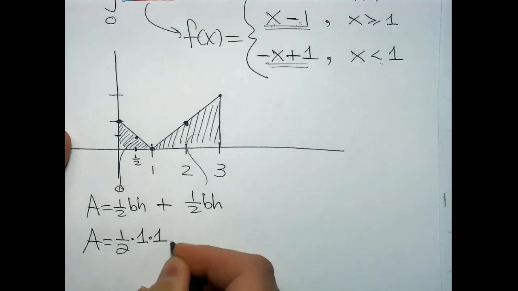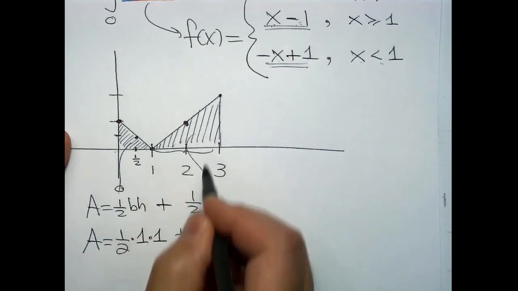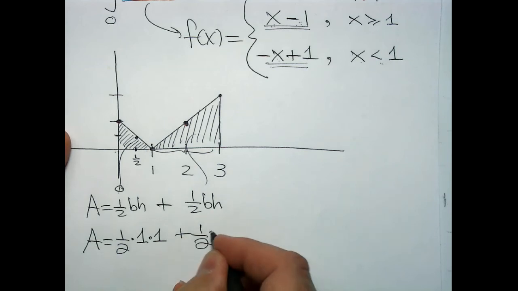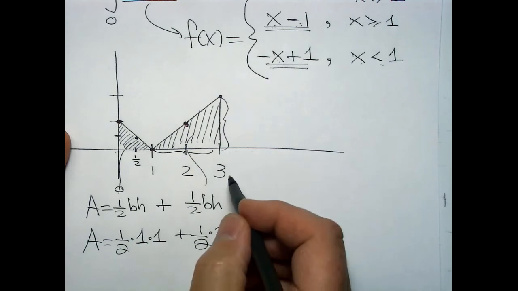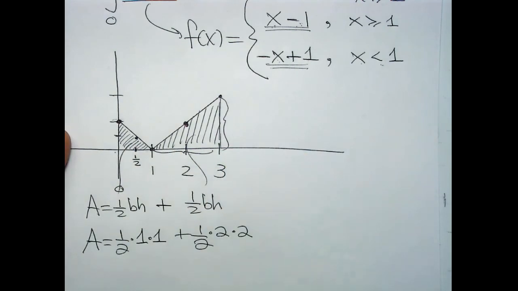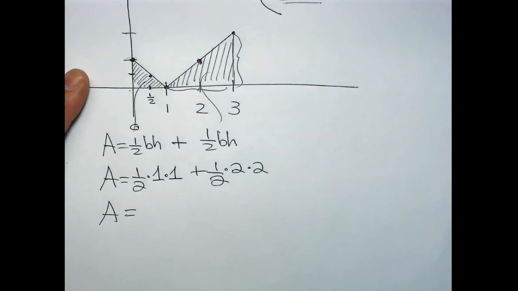My height is 1. 1 by 1. Plus 1/2. My base is from 1 to 3. I guess my base would be 2. And my height is also 2. So let's add these together so that we can get our area underneath this curve.